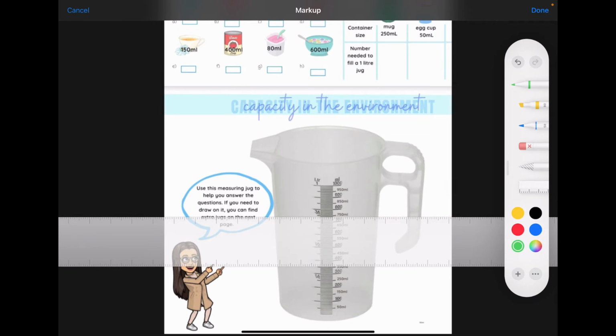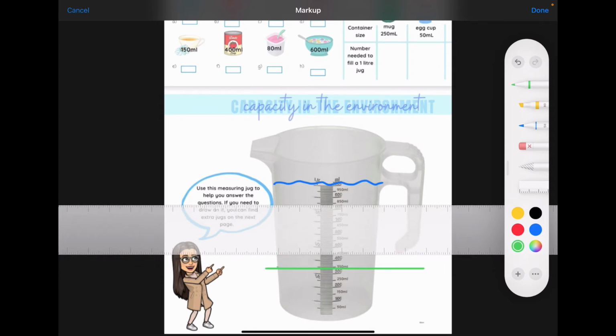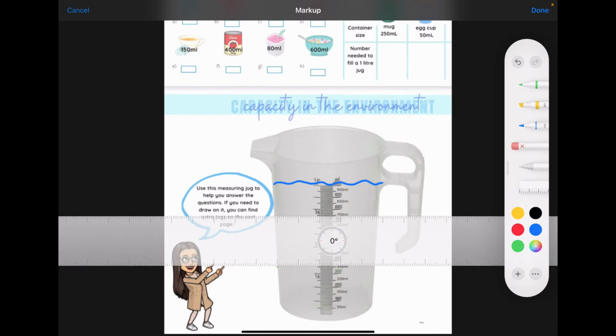Remember, our jug has been filled to the 1 liter line with water. So let's mark 350 mils on our jug, because that is our first container that has a 350 ml capacity. I'm just going to make that straight so it's accurate.